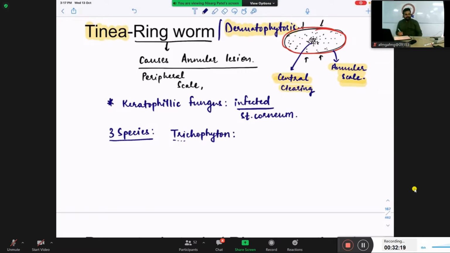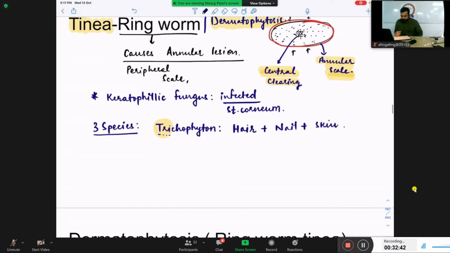Hair, nail, and skin. So as you can see, this fungus is a tri. Because this fungus is a tri, it will infect my hair, nail, and skin. This fungus infects all three structures of my body which contain keratin.